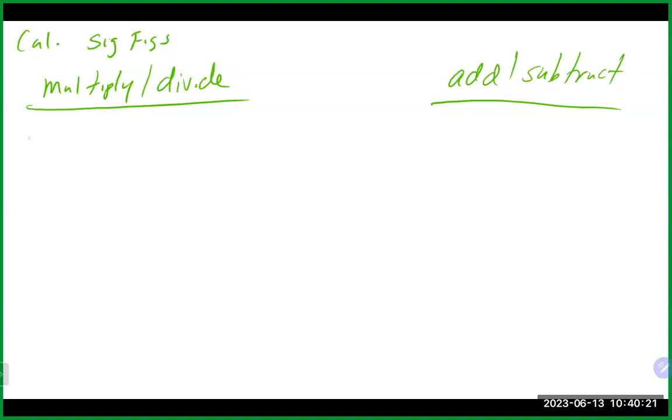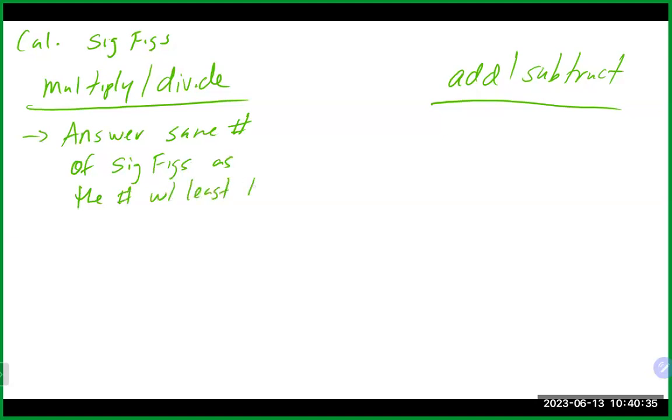When you multiply or divide, your answer should have the same number of significant figures as the number with the least number of significant figures. So whichever number in that calculation has the least number of significant figures, that is how many significant figures your answer should end with.